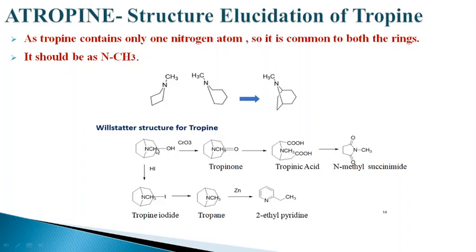So if the hydroxyl group is present at this carbon atom, then it will render it optically inactive. So the position of the secondary alcoholic group is on this symmetry element. So this is the probable structure given by Willstätter, which explains some of the reactions which we have studied earlier.